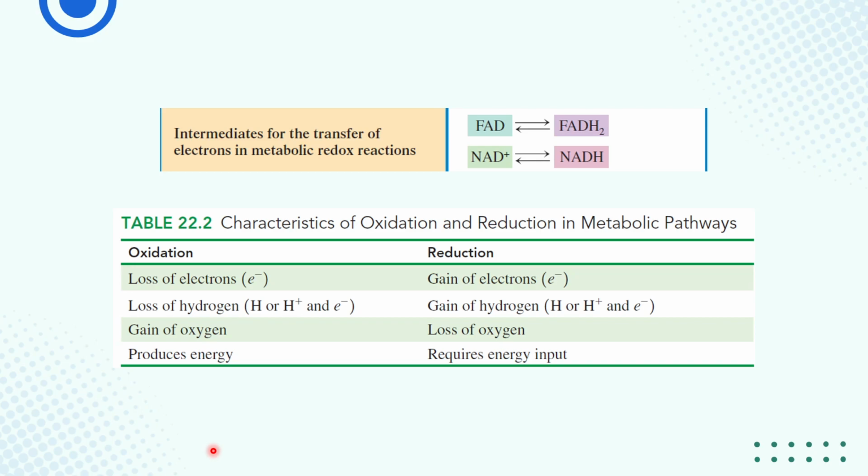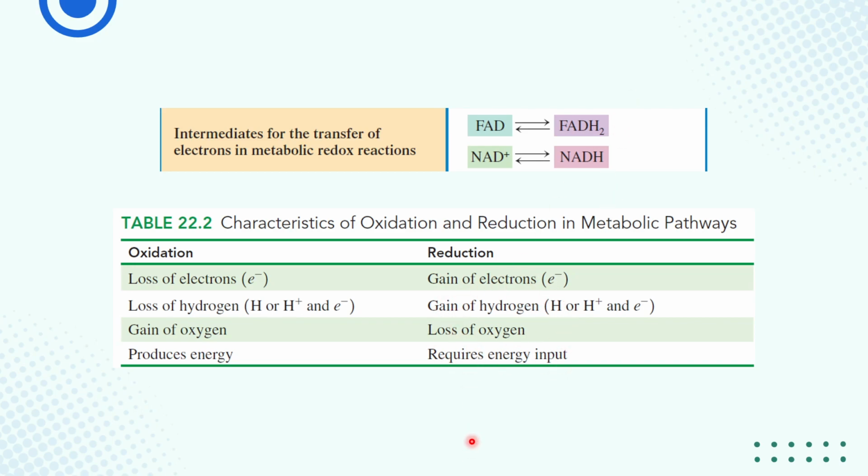So just a review, if it is oxidation, then there is loss of electrons and there is loss of hydrogen and there is a gain of oxygen, while reduction is the other way around, it's the opposite. So here in your reduction, there is gain of electron and hydrogen and there is loss of oxygen.